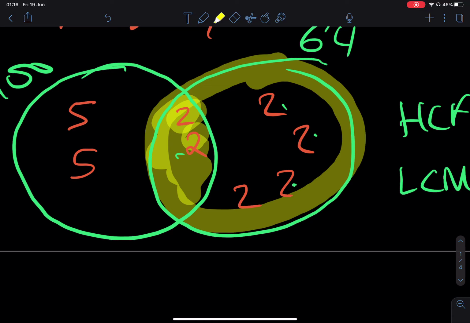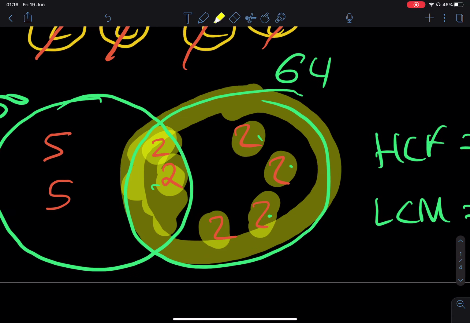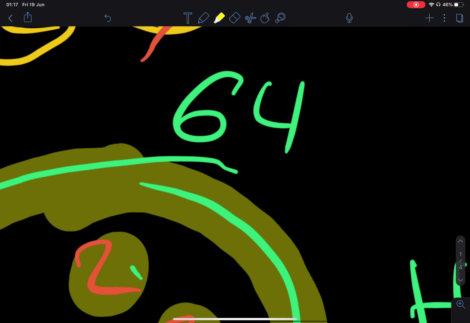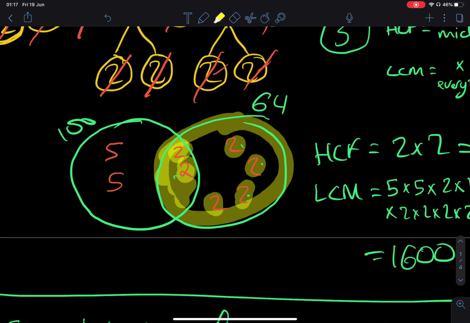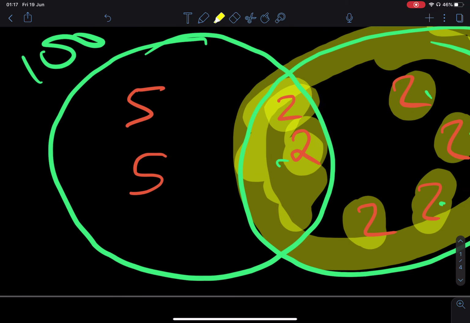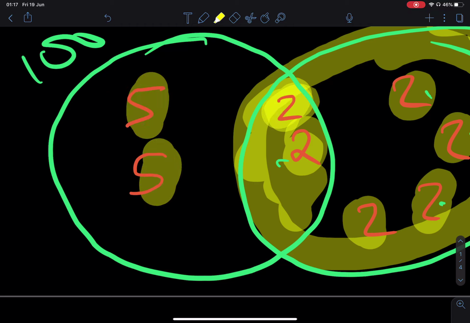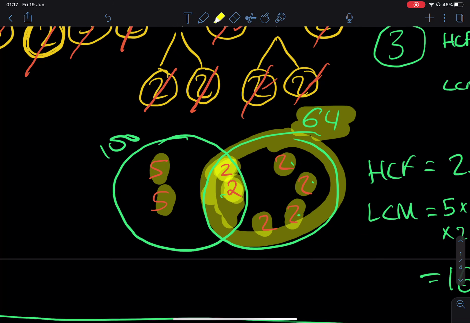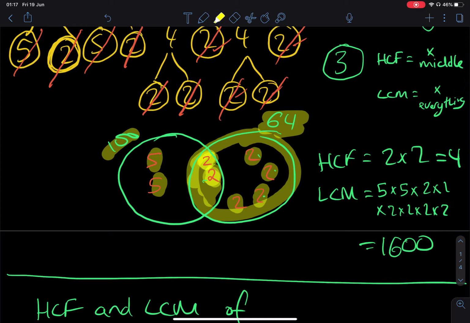So 2 times 2 times 2 times 2 times 2 times 2, it gives you 64. So if you multiply all the numbers within a circle, including the overlap, you should get, hypothetically, if you've done it correctly, the original number. Okay, same thing with the left-hand side. If I multiply 5 times 5 times 2 times 2, so 5 times 5 is 25, 25 times 2 is 50, 50 times 2 is 100, I should get the original number.